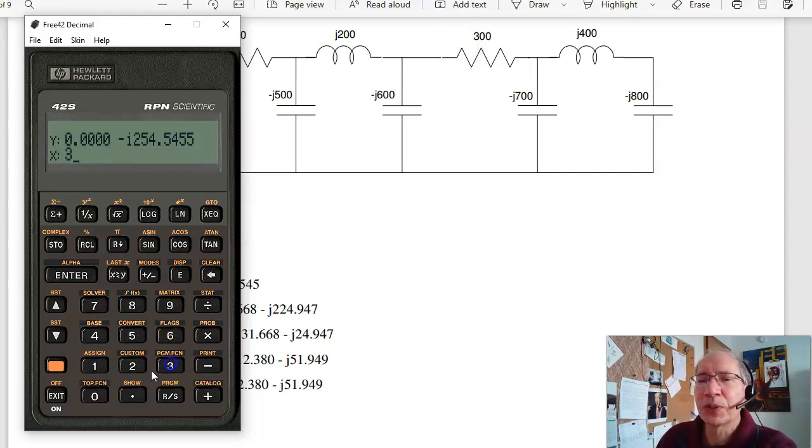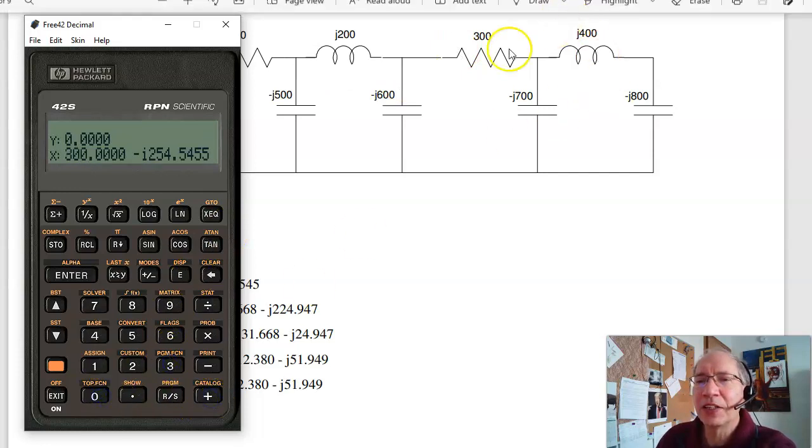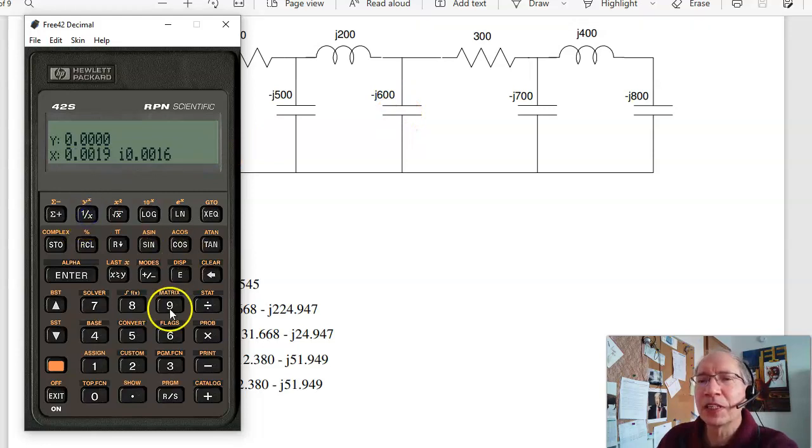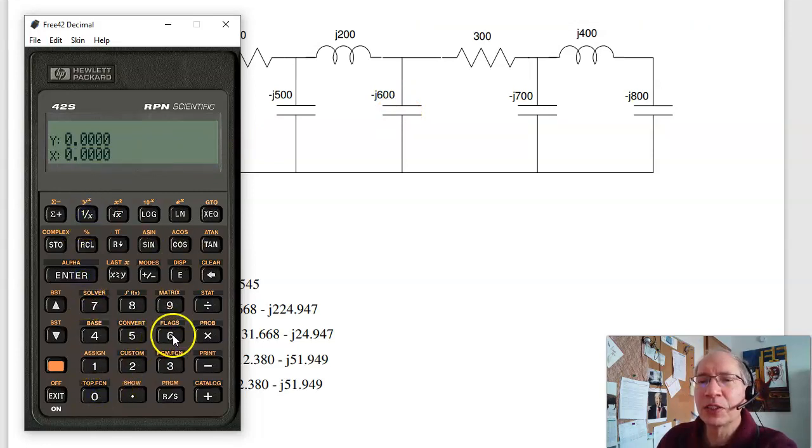In series with 300, in series they add. In parallel it's the inverse. So take that inverse, take 0, enter, negative 600, complex. There's minus J600, inverse. Add the inverses. So this is now 131 minus J224 ohms, plus J200.